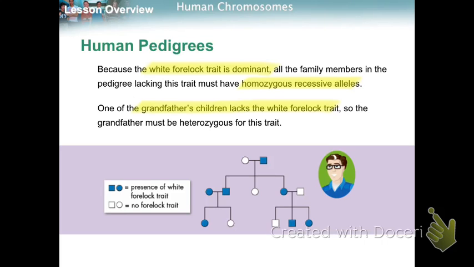So this is like a puzzle also. You're trying to figure out the genotypes of everybody involved. So we know that the people who are affected have at least one dominant gene. But we know that since this man has an unaffected daughter, he has to have a recessive gene to pass on to her.